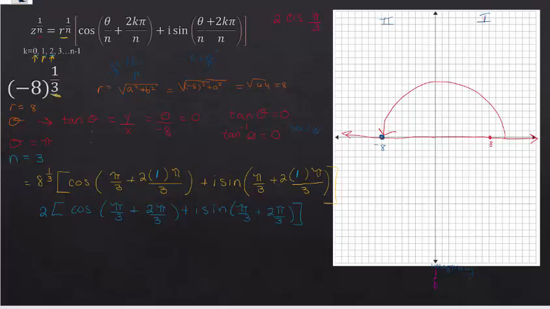And we can clean that up. So it's going to be 2 cosine, and when we add these together, we get 3 pi over 3, plus i sine 3 pi over 3.